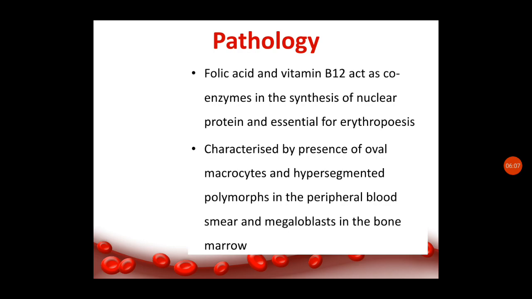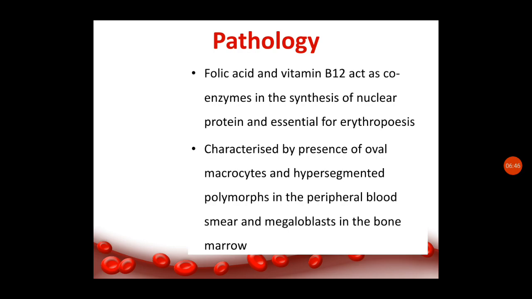During erythropoiesis, these coenzymes help in the synthesis of nuclear proteins. So when they are deficient, it leads to abnormal synthesis of nuclear proteins, causing a defect in erythropoiesis. It will be characterized by the presence of oval macrocytes.